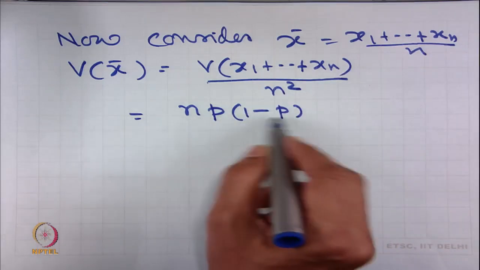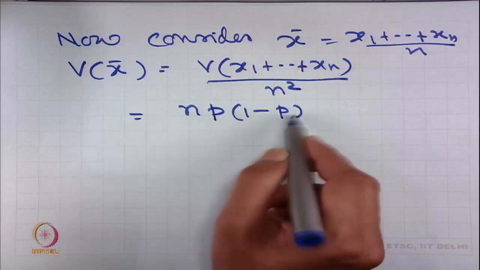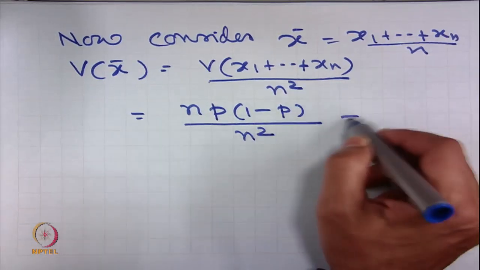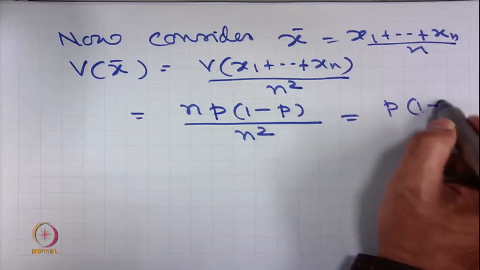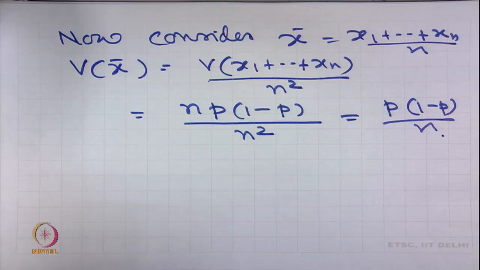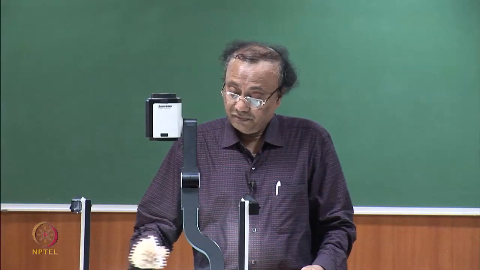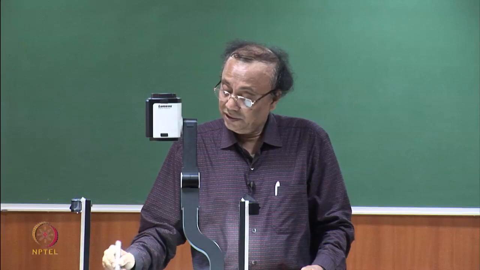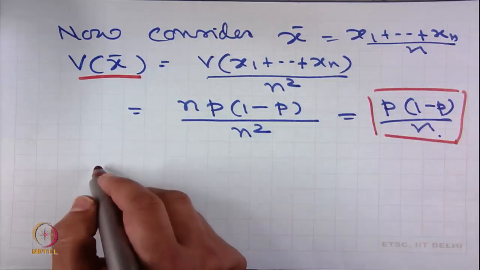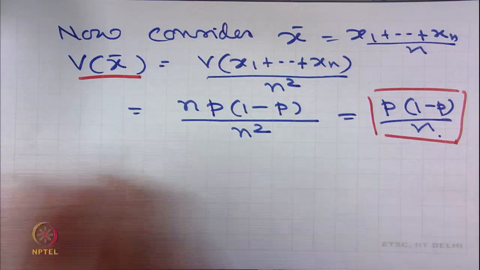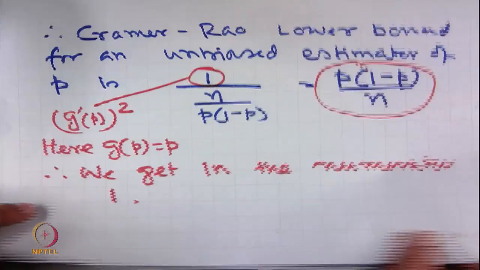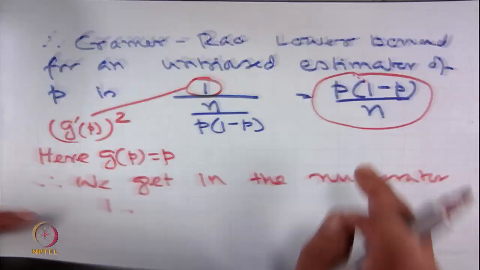Therefore, it has variance n p into 1 minus p divided by n square is equal to p into 1 minus p upon n. Therefore, what we find is that variance of x bar is equal to p into 1 minus p upon n, which is the Cramer-Rao bound as we have already seen here.